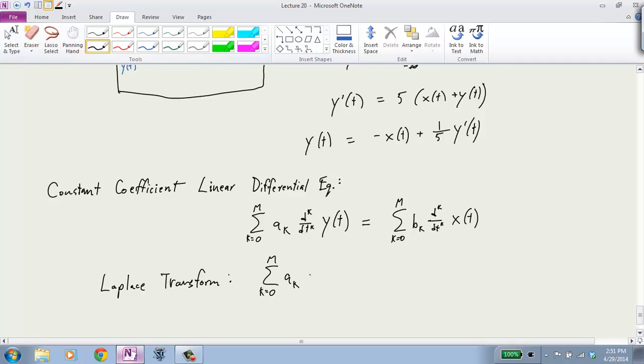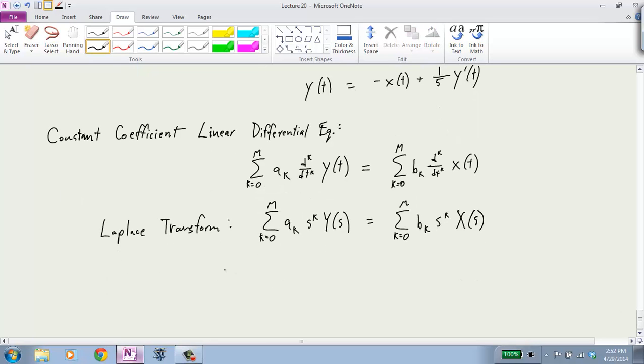Yes, s to the k times Y of s. And the same thing over here, b_k s^k X of s. And look how simple this becomes. It's so simple because now we can factor out the Y and the X.